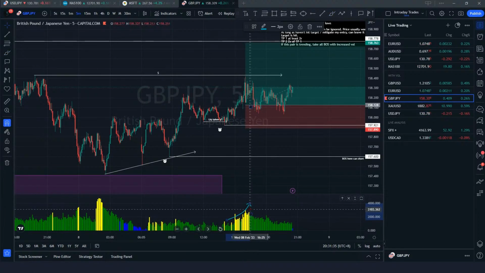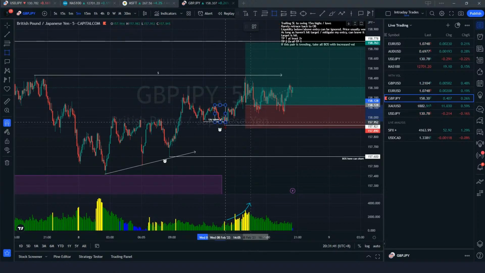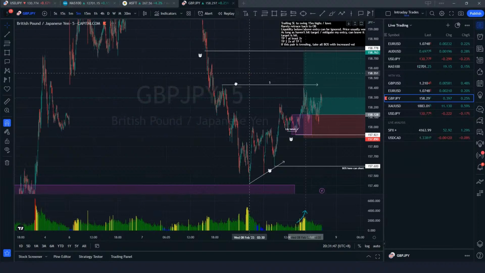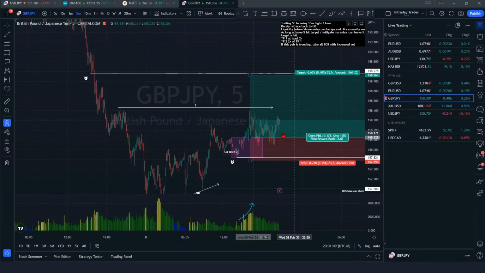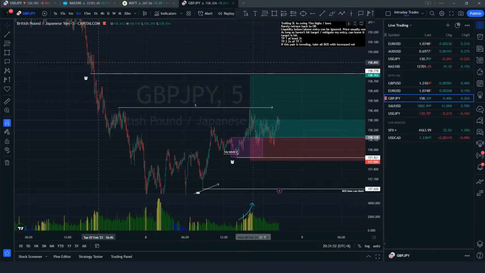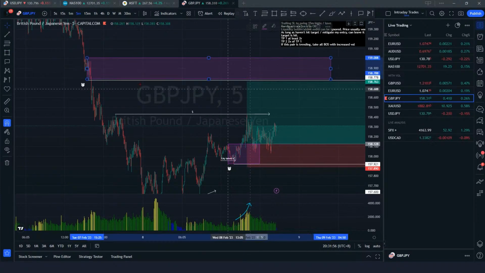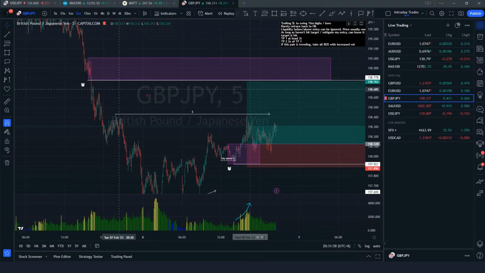So I took this trade over here based on this order block. So the first target for this trade is to mitigate this order block, this bullish order block.